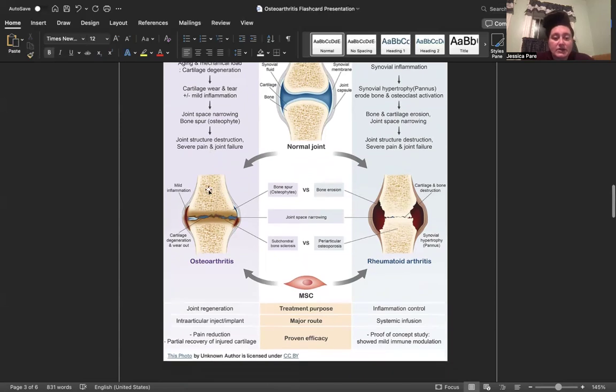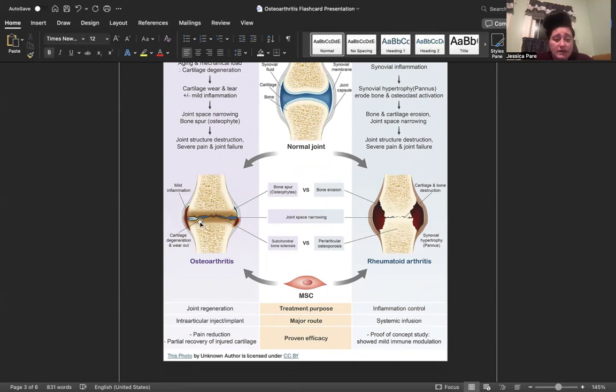And then down here you can kind of compare, this is the normal joint space, and then this is the broken down joint space where you can see right in here, there's a very big narrowing compared to this open space up here. So this red part on the side is the mild inflammation that you may get from osteoarthritis. Not everyone does.